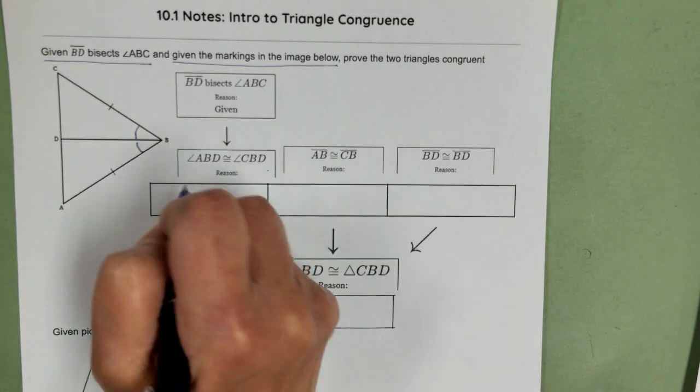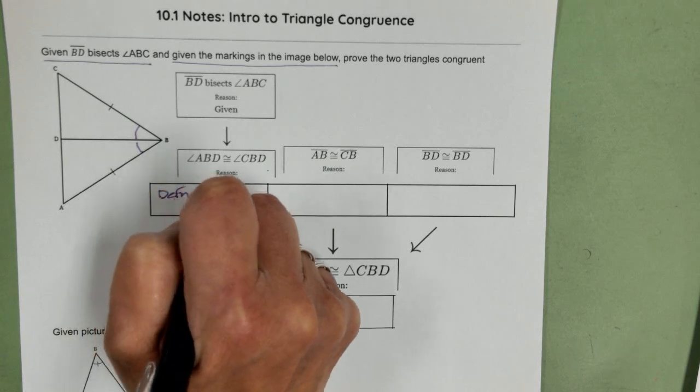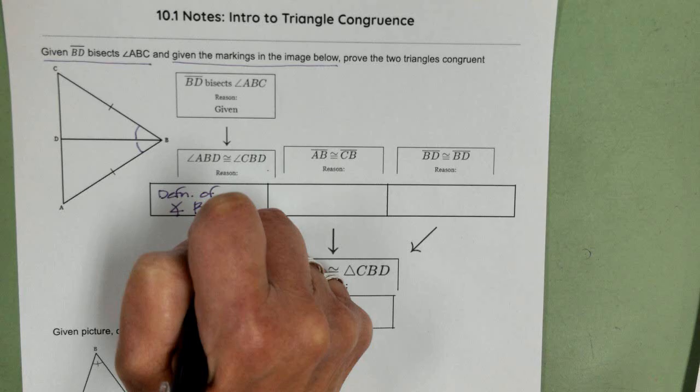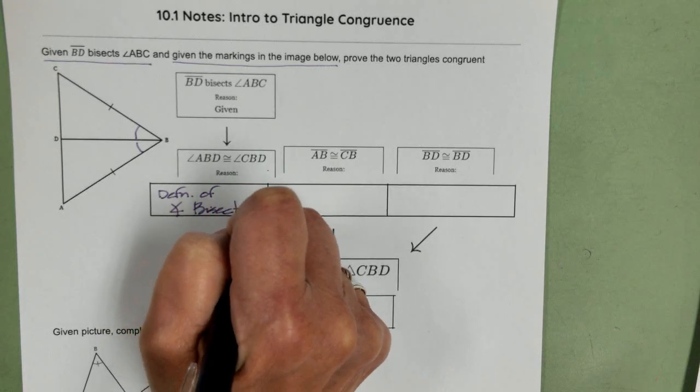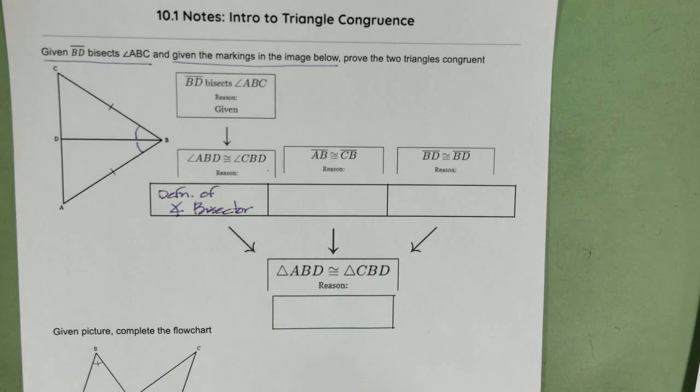Why? Because we are applying the definition of angle bisector. Now, when you go on to Delta Math, it's not going to say definition of angle bisector. It's actually going to write out the definition. So you want to look for the word bisector in conjunction with angle.